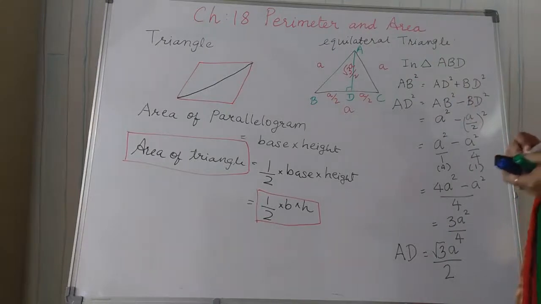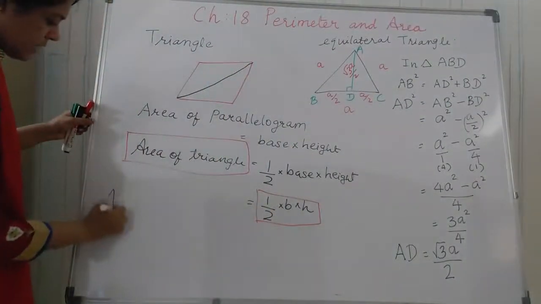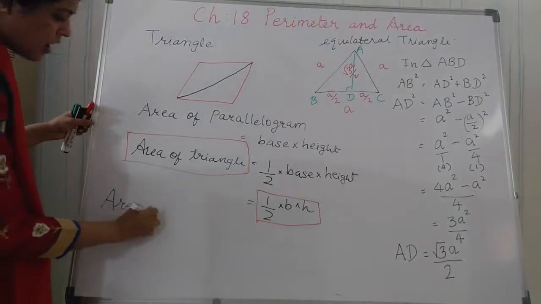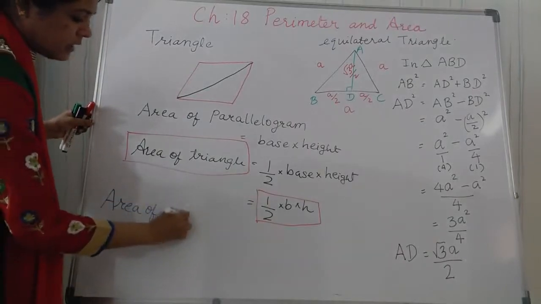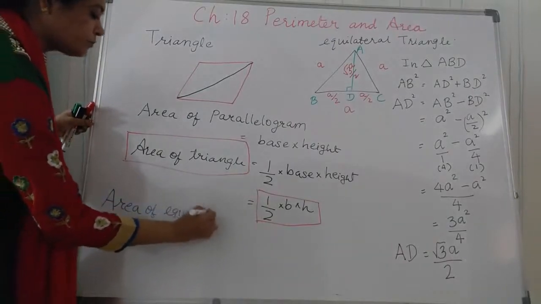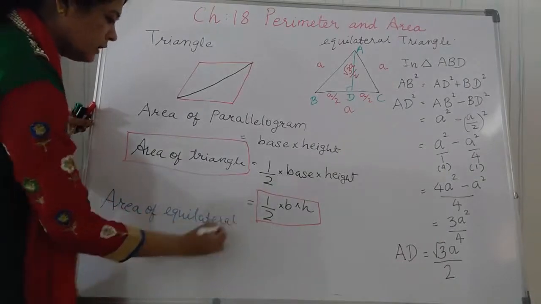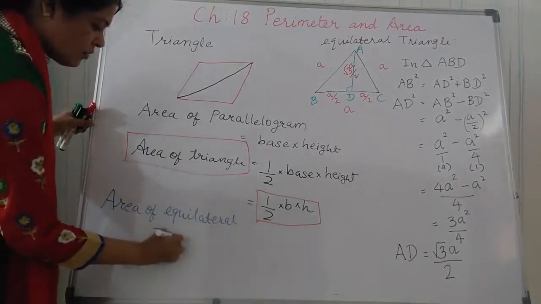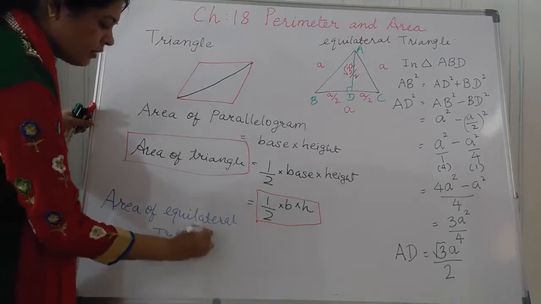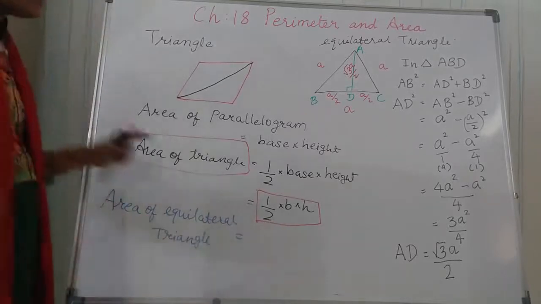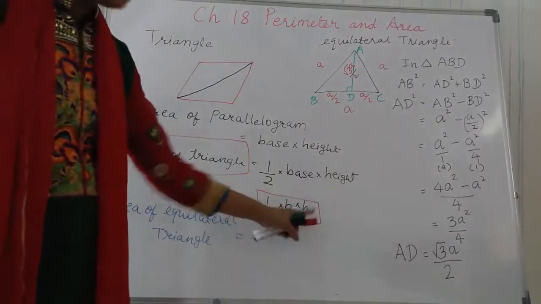Now our next is area. We will write here area of equilateral triangle. Okay, so for that we already have the formula, half base into height.